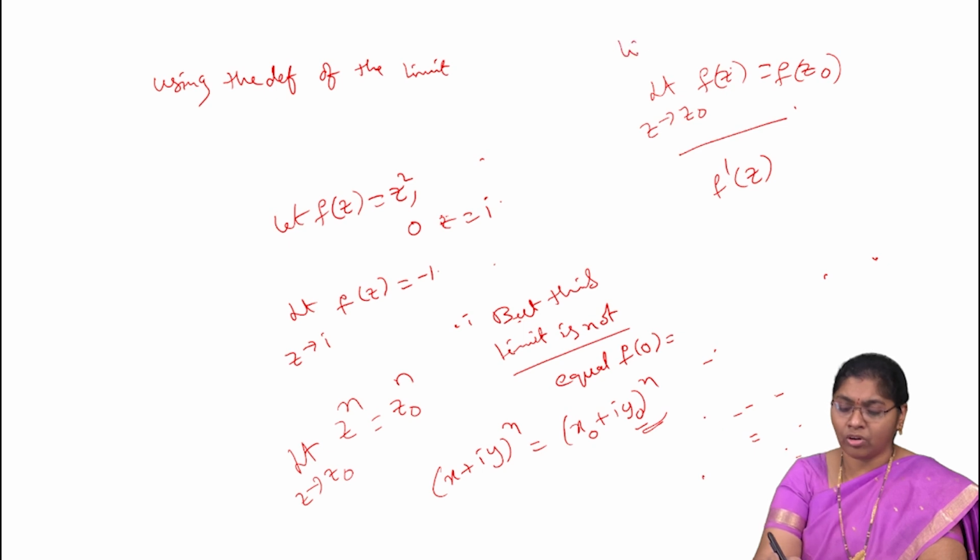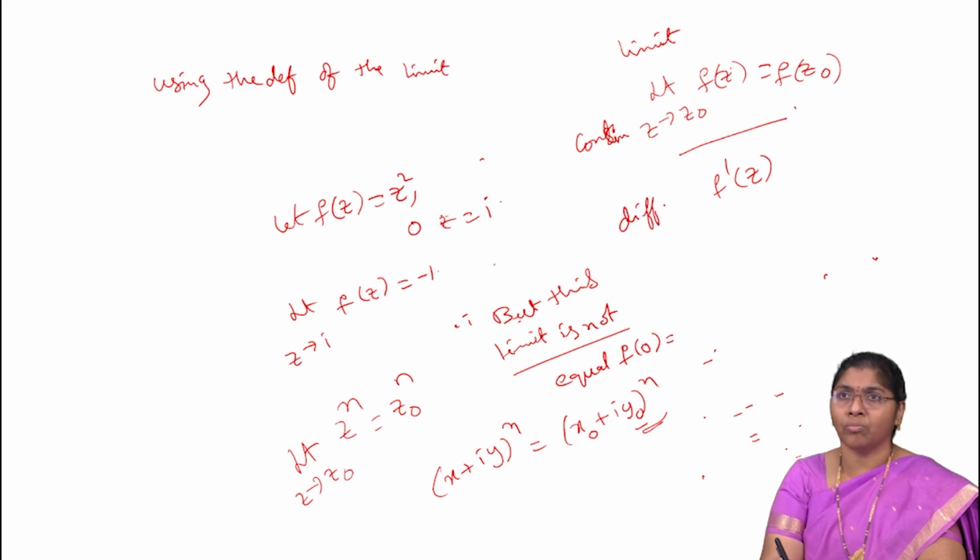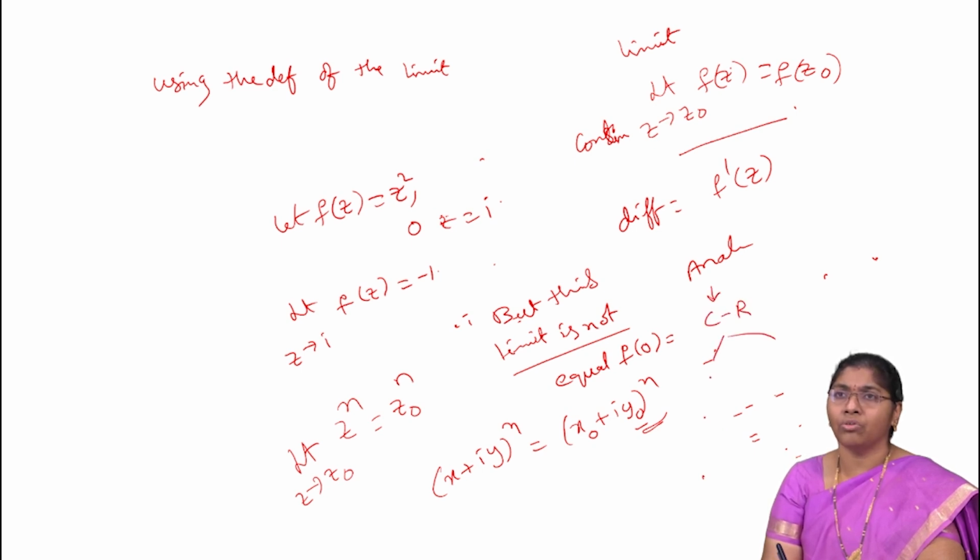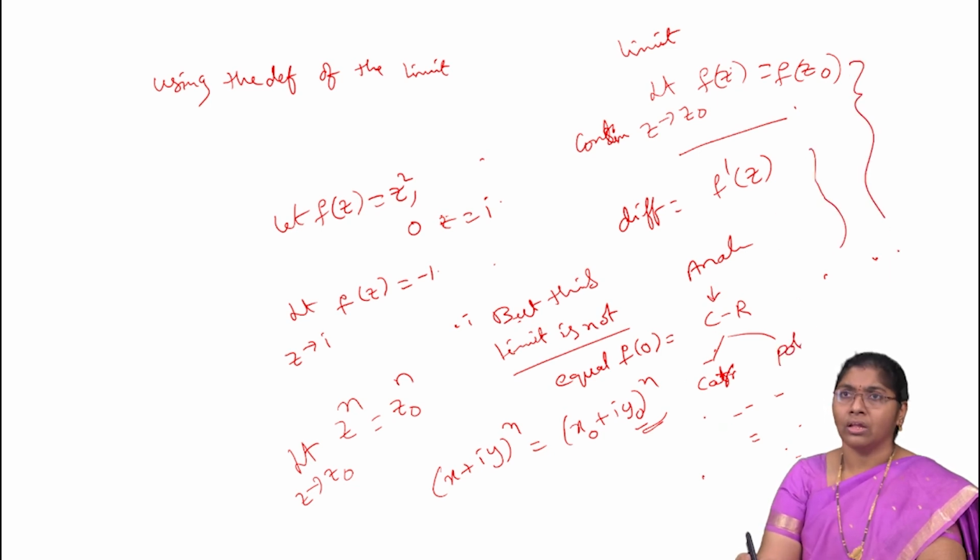If the limit exists, continuity exists, and differentiation exists, then we can move to the analytic method. If analytic is considered in the CR method, it means they are using two forms, the Cartesian form of the coordinates, and next polar coordinates. These are the next topics. We can see this in total.